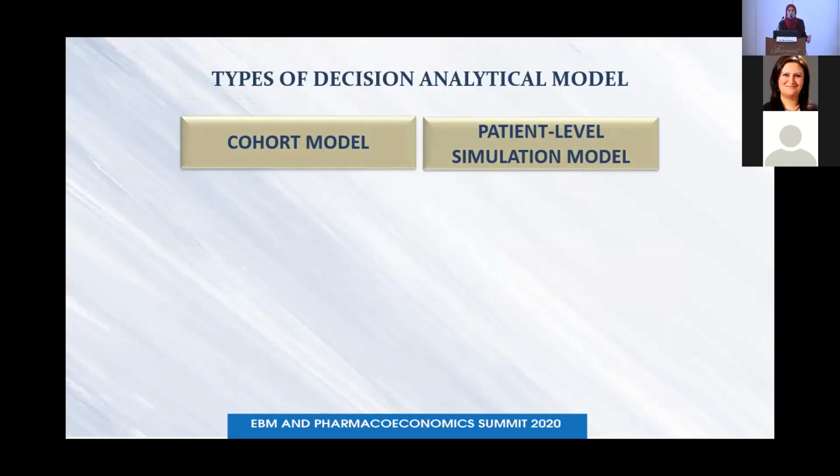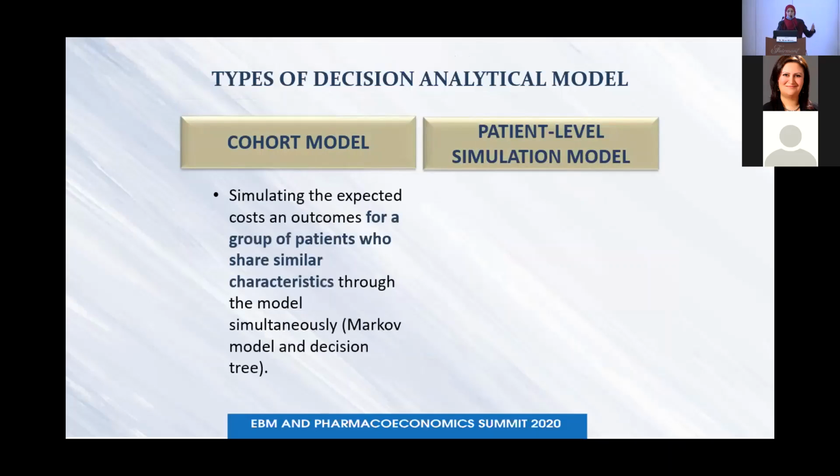Regarding the models, we have 2 types: cohort models and patient level simulation models. Cohort models, which are commonly used in the literature, are of 2 types, Markov and decision tree. They simulate the expected cost and outcome for a hypothetical group of patients who have similar characteristics in terms of age, sex, and comorbidity, for example. They simulate them through the model at the same time, okay?